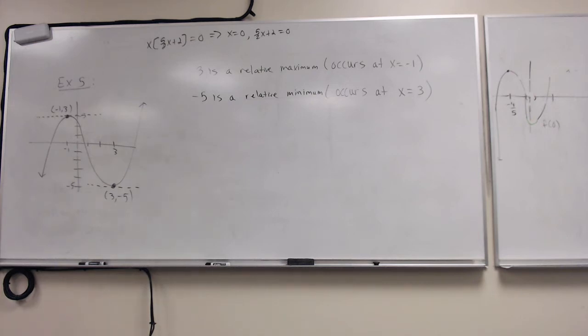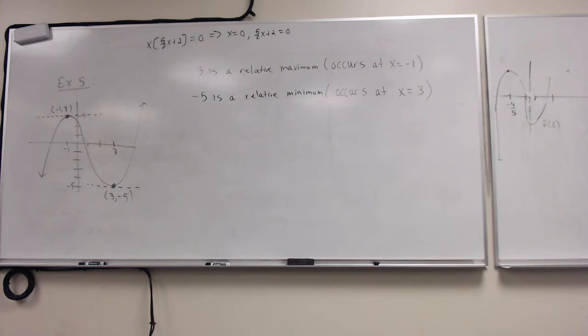In the first case, at that critical number c, the derivative is changing in sign from negative to positive, meaning the function was decreasing and then went back up to increasing. In that case, f of c is a local minimum. Okay, so at a critical number, if the derivative changes from negative to positive, that's going to tell you have a local minimum at c. In the second box, if the derivative changes from positive to negative at c, then you have a local max there.